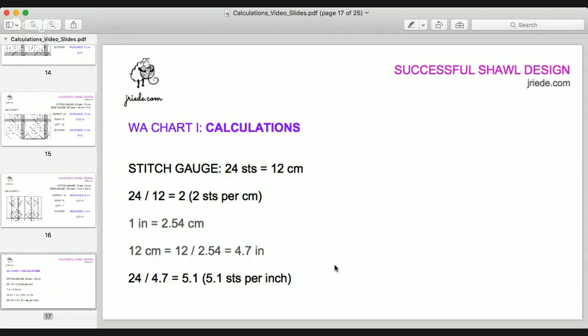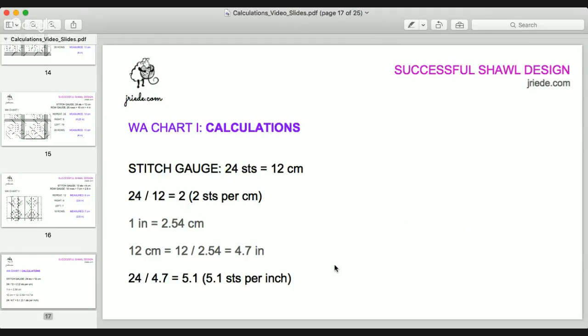Gauge calculations, excuse me. You just take your stitch gauge and calculate how wide is one repeat of your chart. How wide is one repeat of one stitch pattern module, basically. Because this is a very basic number you will need later for calculating how many repeats you want to work.